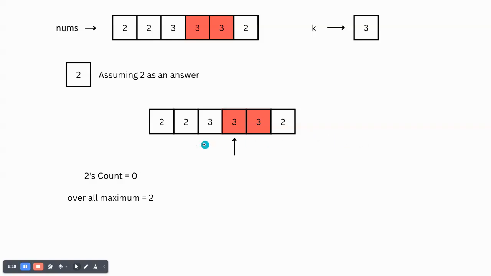So we picked the subarray starting at 2 and ending at 3. So the 2, we can make it 3, but when we try to make that 3, we're going to lose the 3's that we selected in the subarray. But if you see, the overall maximum stays 2. So the first subarray is going to be the solution, but the 2's count is now 0.